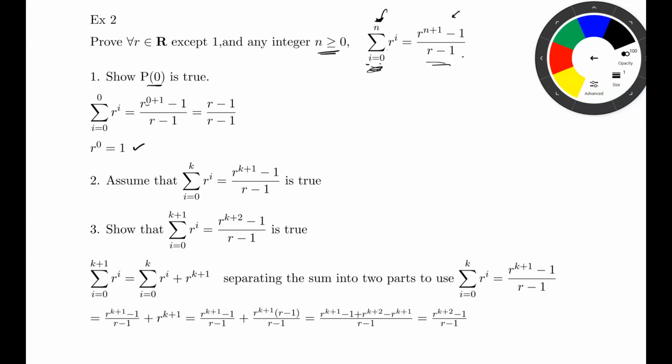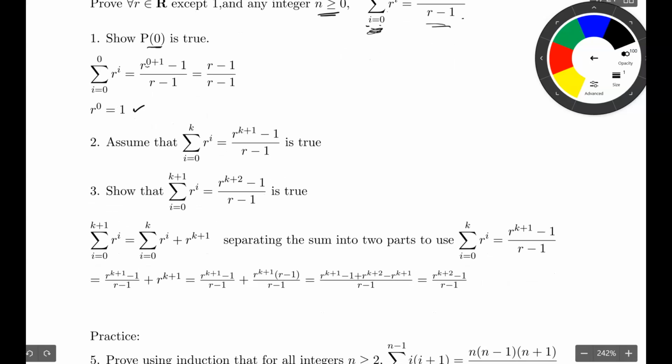That's it. Okay, so now we want to show true for k plus 1. So I put k plus 1 in for n. So I get k plus 1, so that gives me k plus 2. All right, so remember, you must use the inductive step. So that means I need to take this k up to adding all the way up to k plus 1.